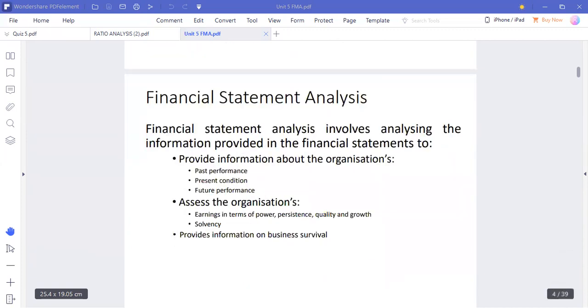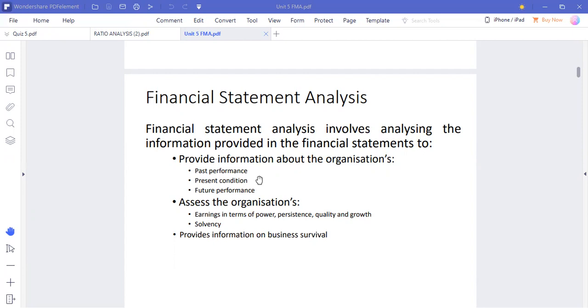So financial statement analysis is very essential because it helps provide information about the firm's current performance, past, and future performance, thereby showing the gap that has been made, whether we are improving or declining in our performance. It also helps assess the organization's earning power, its potency, the quality and growth of the institution.